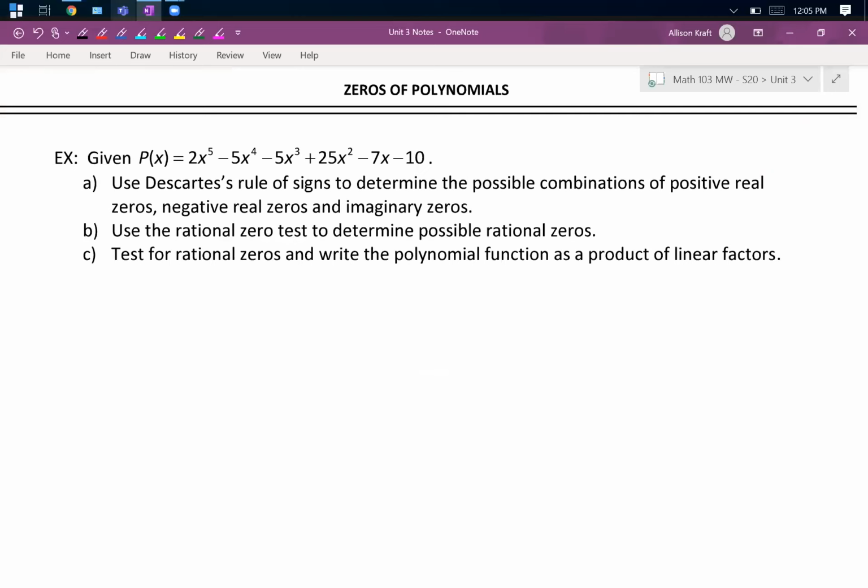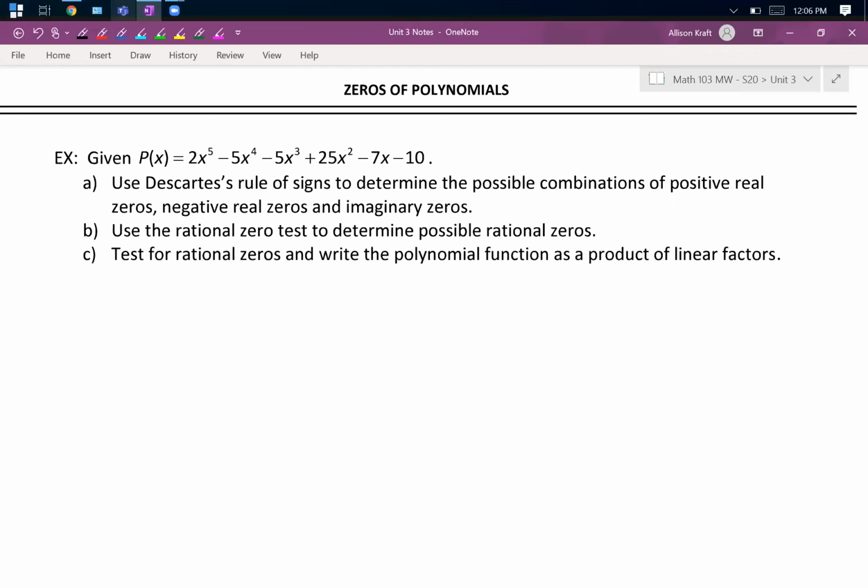So given that p of x is equal to 2x to the fifth minus 5x to the fourth minus 5x to the third plus 25x squared minus 7x minus 10, the first thing I want you to do is make our chart. We're going to use Descartes' rule of signs to determine possible combinations of positive real zeros, negative real zeros, and imaginary zeros.